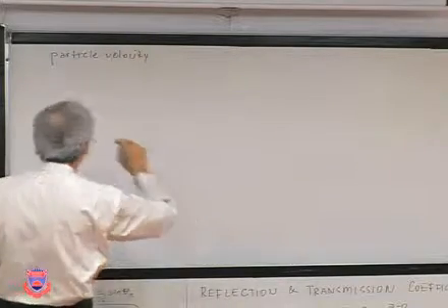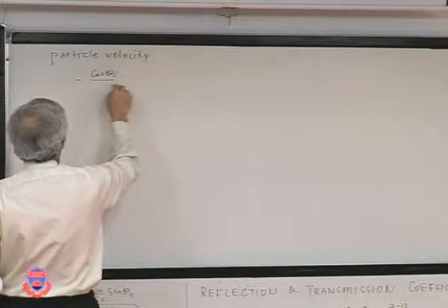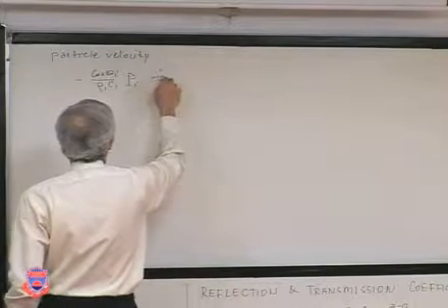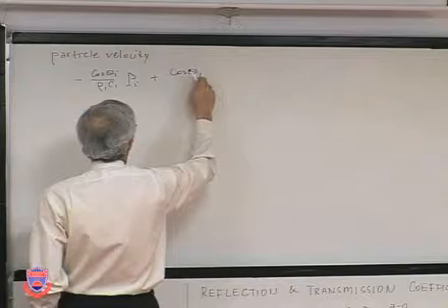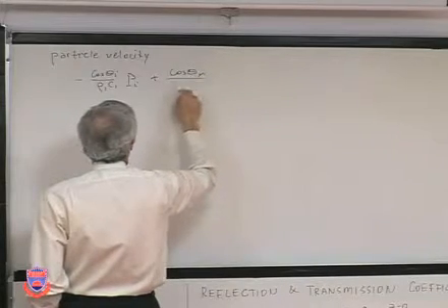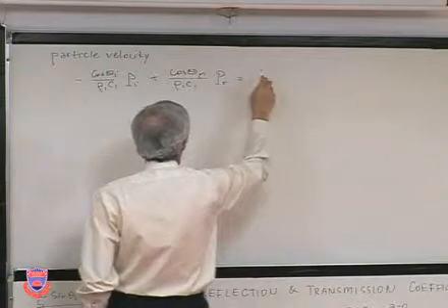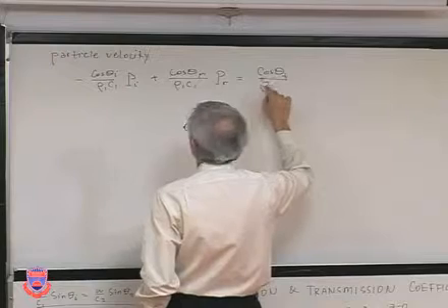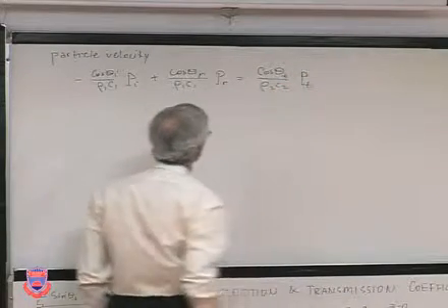Particle velocity should be minus cosine theta_i over rho_1 c_1. This is the velocity.